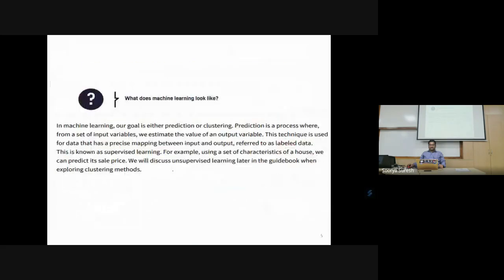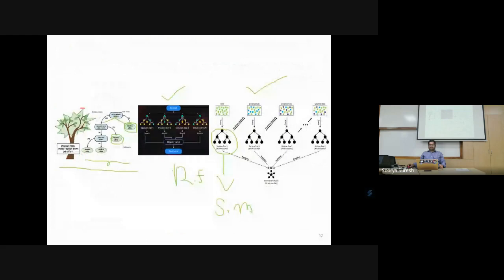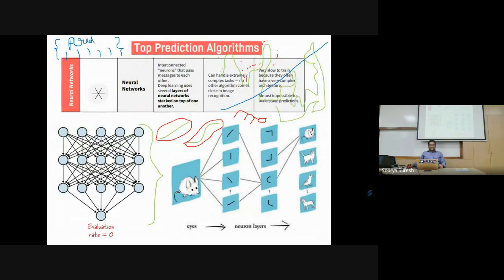Here, what happens? If we fit a straight line, the straight line is a collection of predicted points. So this is a predicted point, but the actual point is here. This we are calling an error.